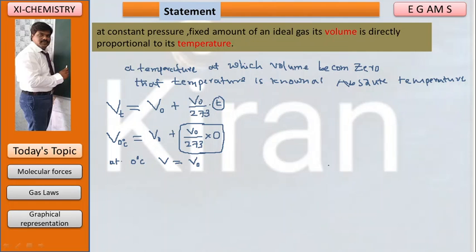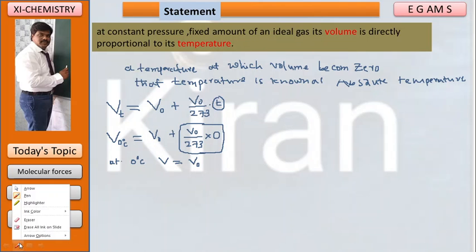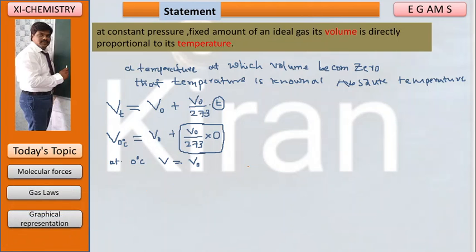Now, at 1 degree centigrade, what value will come? Again I am substituting in this equation. At 1 degree centigrade, V is equal to V naught plus V naught by 273 into 1.